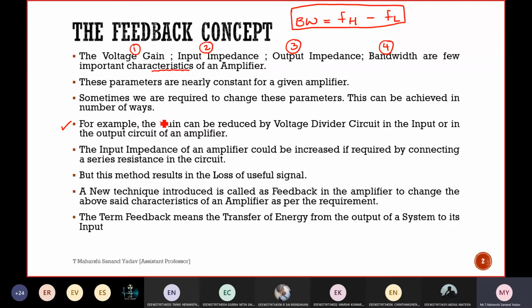For example, the gain can be reduced by a voltage divider circuit in the input or in the output circuit of an amplifier. Can anyone justify this point? We have seen this voltage divider circuit. Can anyone tell me about this?